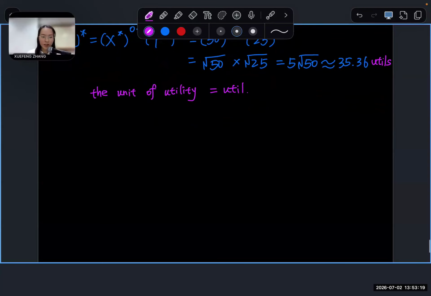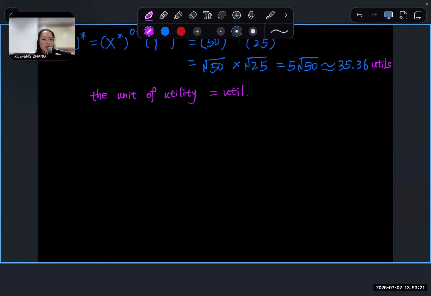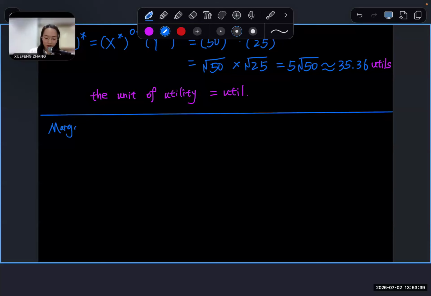The next question, find the marginal utility of income, which means the lambda.